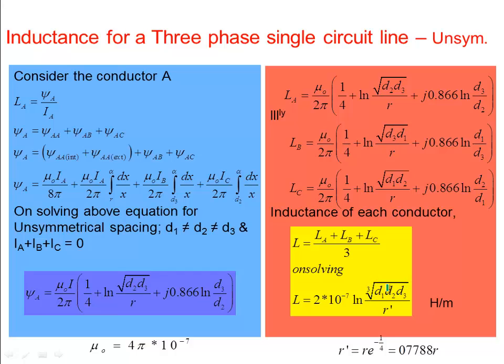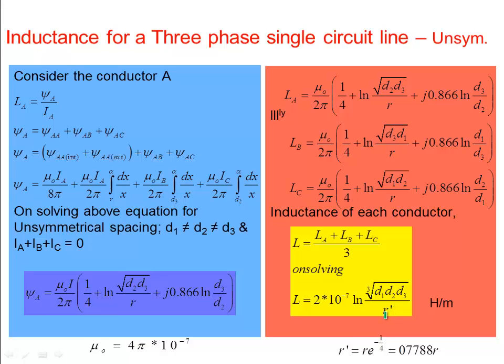Yes, this is nothing but the geometrical mean distance among the conductors. The cube root of d1 d2 d3 we can simply call GMD, geometrical mean distance, and the denominator we can also call GMR, or geometric mean radius.